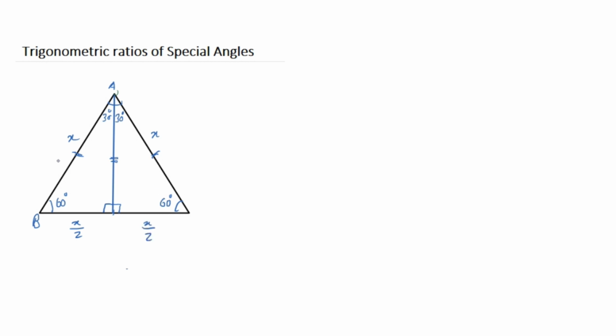So what we know is that the side opposite to the 90-degree angle is going to be exactly double the side which is opposite to the 30-degree angle. Same goes for this triangle also. Let me call this triangle ABC and let this triangle be ACD.